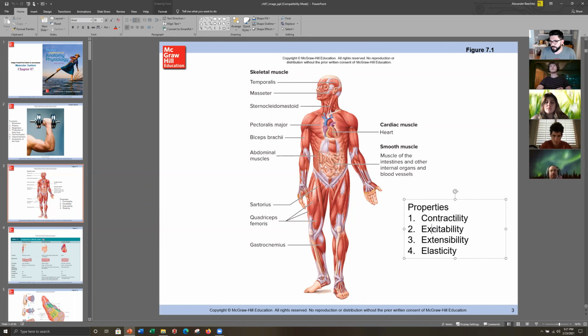There's this other interesting thing called excitability. So muscles are excitable. That means when they're exposed to something called an action potential, which is generally a neurological stimulus, sometimes it can be a chemical stimulus specifically, but sometimes it's either electrical or chemical, that'll cause some sort of reaction in the muscle.